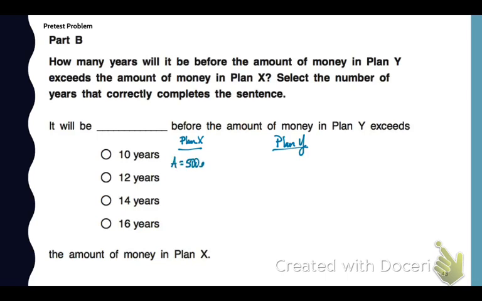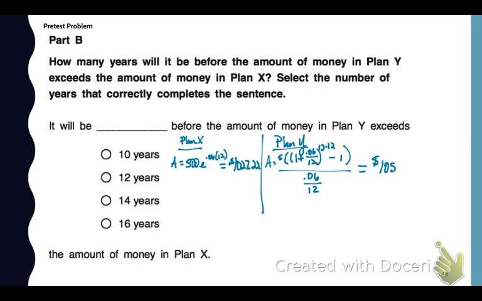So when I plug in 12 for Plan X into that formula, and also for Plan Y, letting T equal 12, I see that my amount for Plan X is $1,027.22, and now my amount for Plan Y is $1,050, so I have exceeded. But now I'm thinking maybe 10 years was the answer.